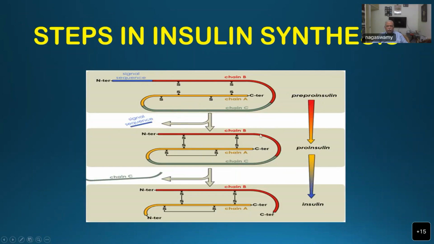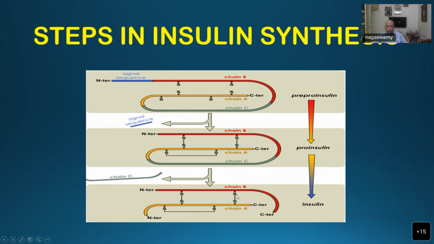You have the beta chain connected with the alpha chain by the C chain, and then this C chain is also cleaved. That is what is called the C peptide. Once that is cleaved, you have only the alpha and beta chains, or A and B chains, which are bound by the disulfide bridges here.